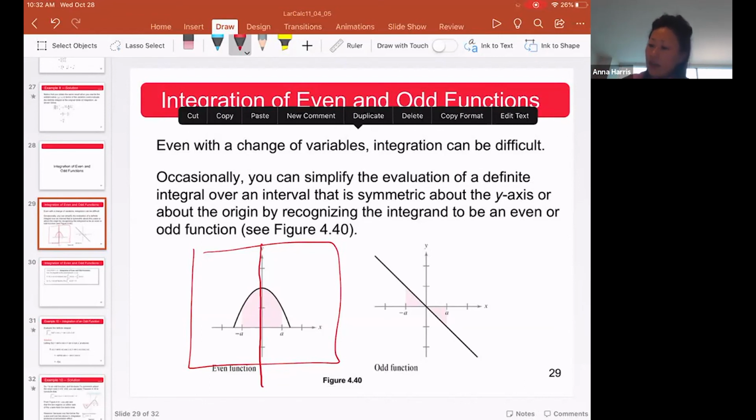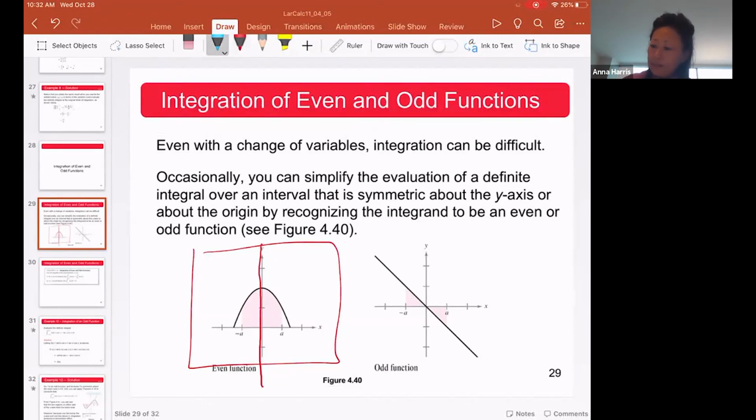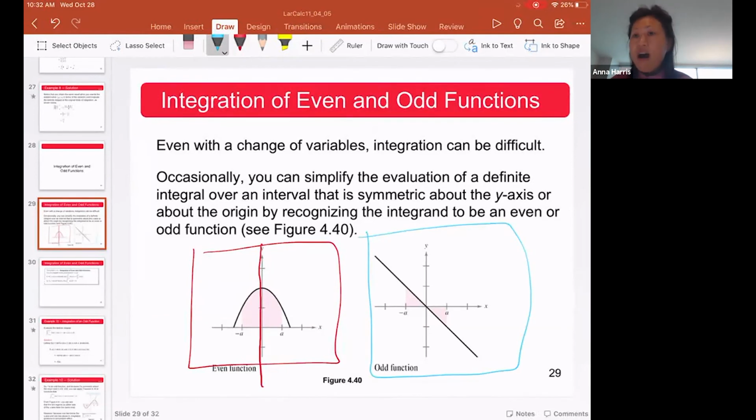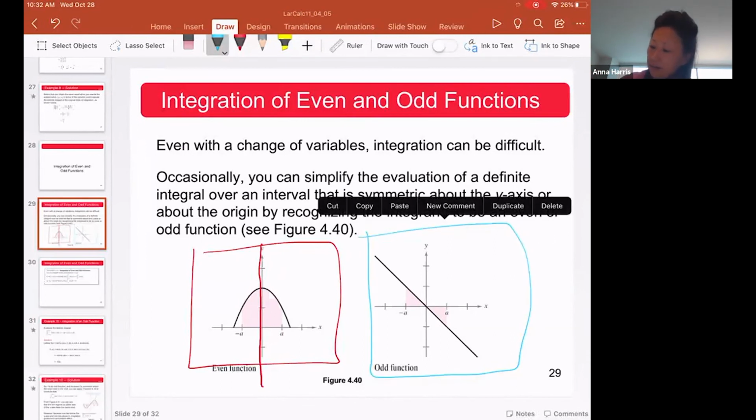Now look at this function over here. This is an odd function. The odd function means your left and right have exactly opposite y values. For example, right here, this one is negative a, and say this is equal to 1.